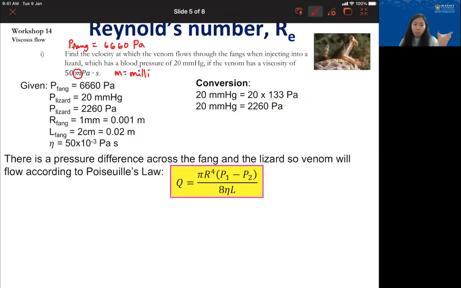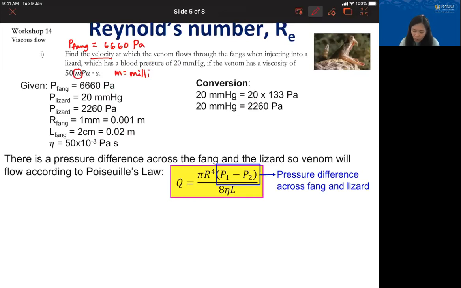Okay, so we know Poiseuille's equation gives us the flow rate for viscous fluids. There's no sense using Bernoulli's equation here because there's no height difference given. What we're given is the pressure difference between the fang and the lizard. So Poiseuille's equation will be the sensible equation here, where P1 minus P2 is the pressure difference, and we want to find the velocity.